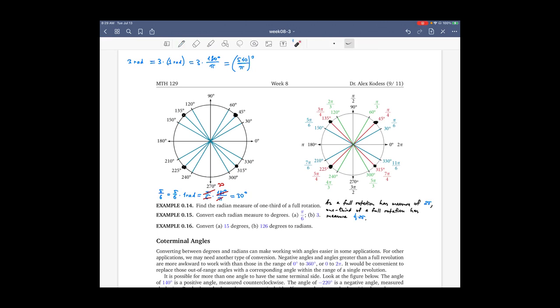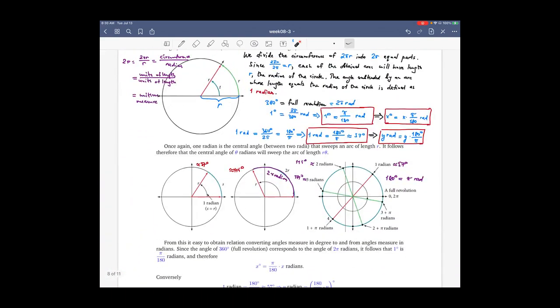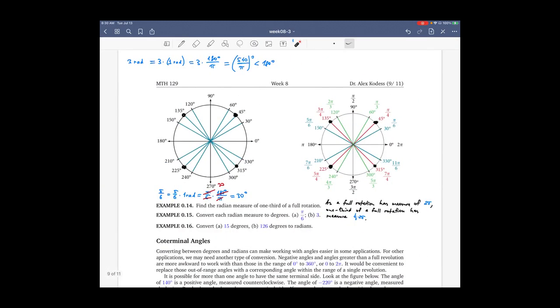Because pi is greater than 3, this angle is less than 180 degrees. Probably in quadrant 2. That's about as much as we can say now. Oh, we know 3 radians is roughly 171 degrees. So we actually know that.